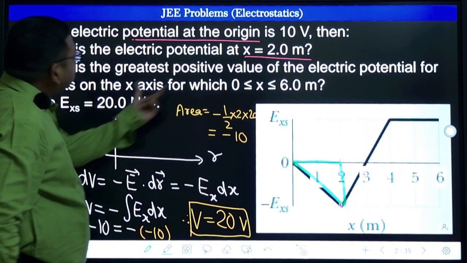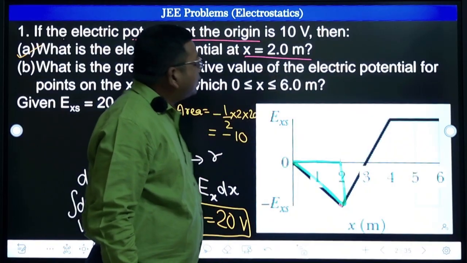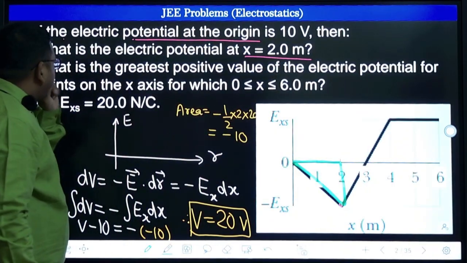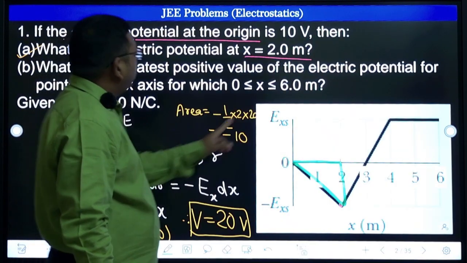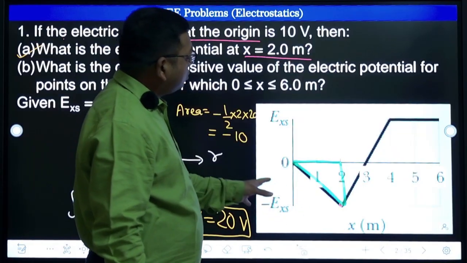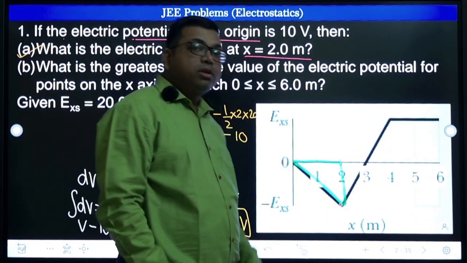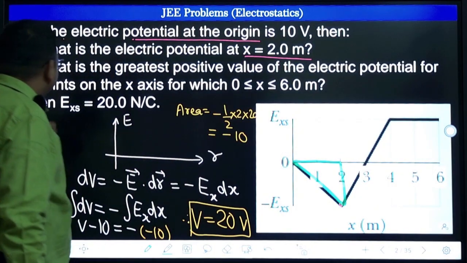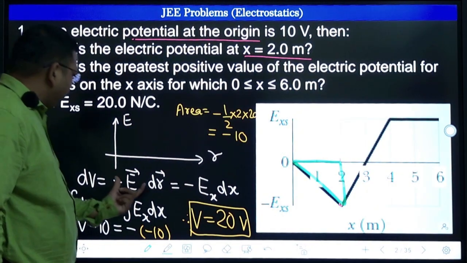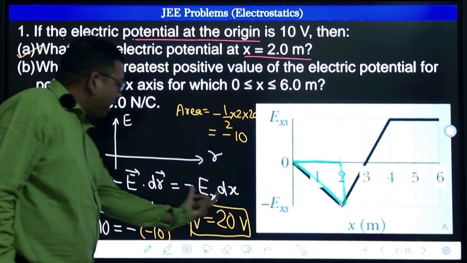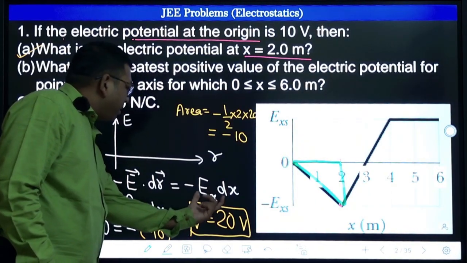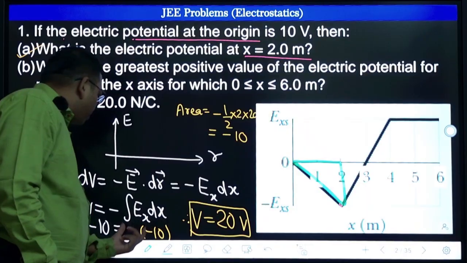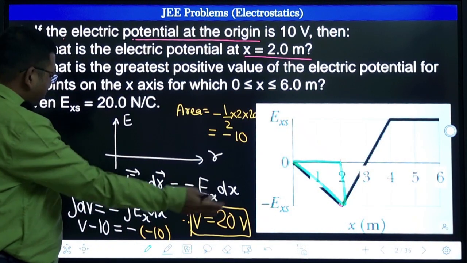What is the greatest positive value of the electric potential for points on the x-axis for which x is between 0 and 6? In between 0 and 6, what is the maximum potential? Note that the minus sign is there anyway, and this area is coming negative, so negative gives positive, and the 10 goes to that side.